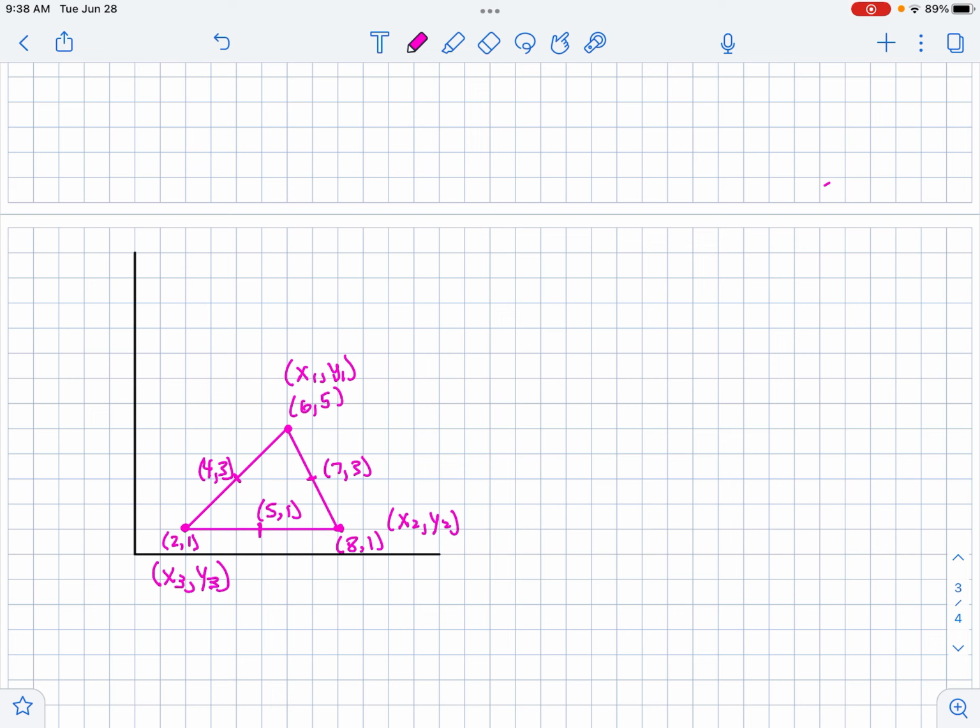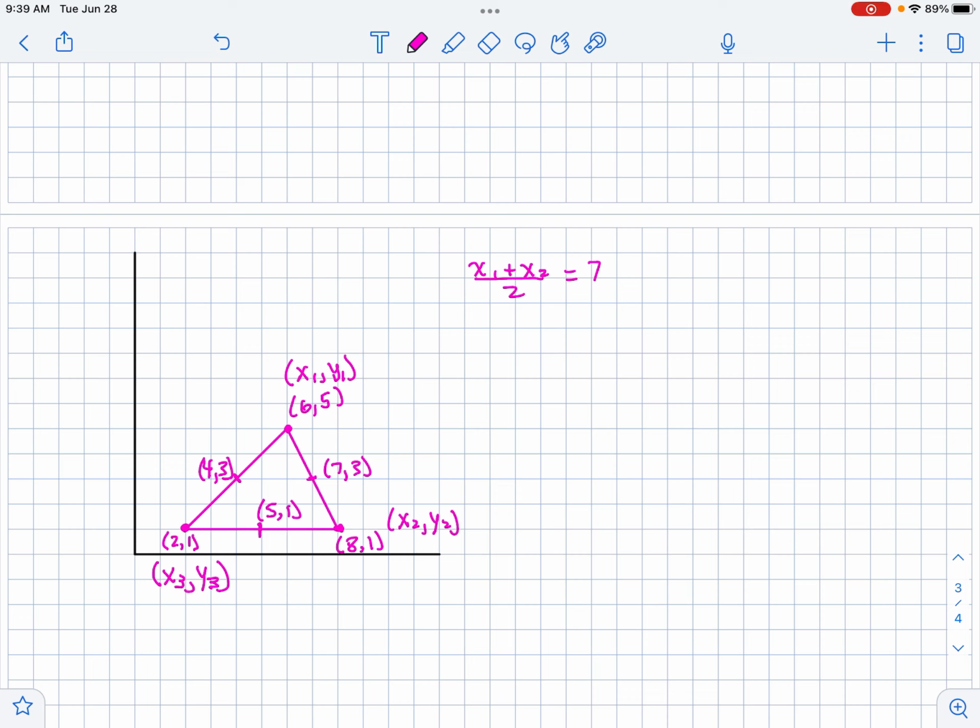Now, there's a lot of algebra going to be happening here, so put on your algebra boots. First of all, we want to find the midpoint formula for each pair of these vertices. So, for example, I'm going to take x1 plus x2 divided by 2, and I know that has to equal 7. What I'm doing is finding the midpoint between these two points right here.